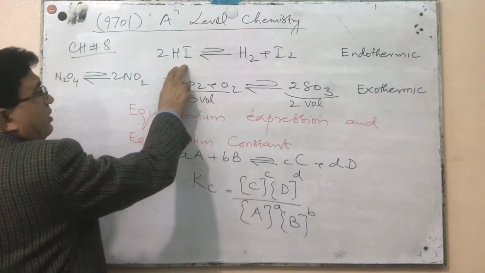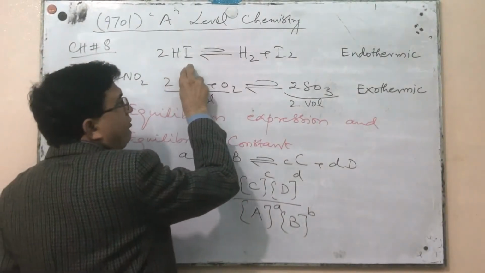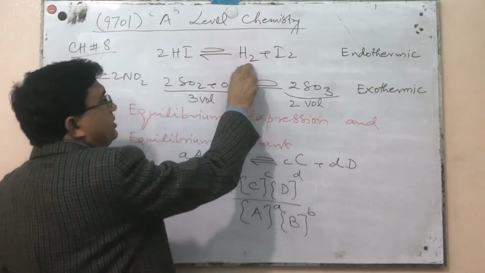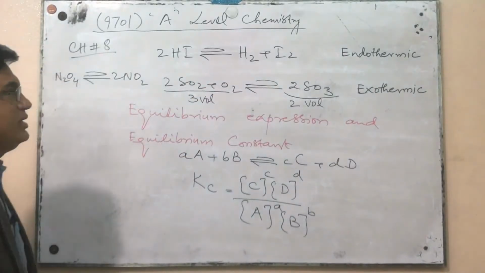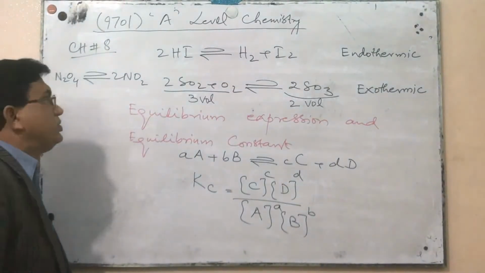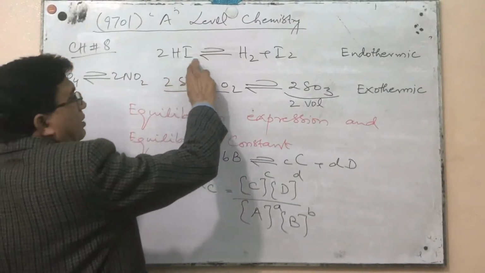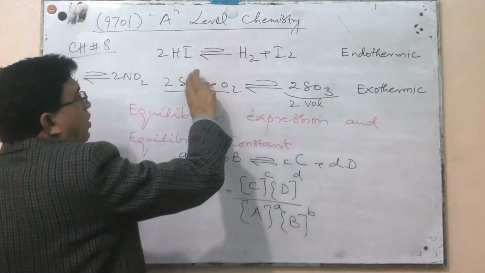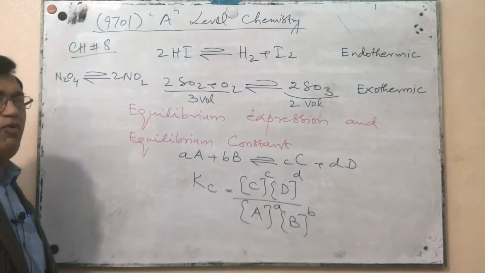It means that more hydrogen iodide will be decomposed and the position of the reaction will move in the forward direction, and as a result more hydrogen and iodine gas will be produced, and more products will be formed.